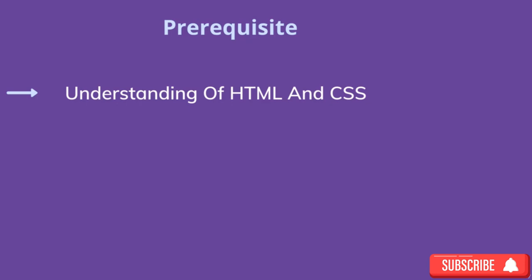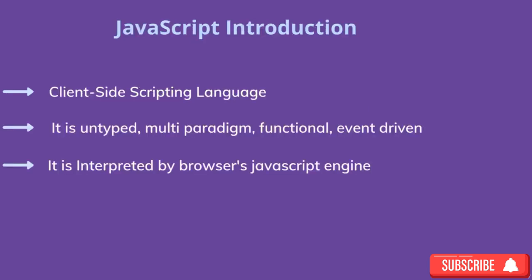So make sure before getting started with JavaScript, you have sufficient knowledge of HTML and CSS, as we will be working with the web page, and these two are the important things which you must know for creating the interactive web page. Now here, as I just said, it's a scripting language, but if I add something more, I will say it is a client-side scripting language.